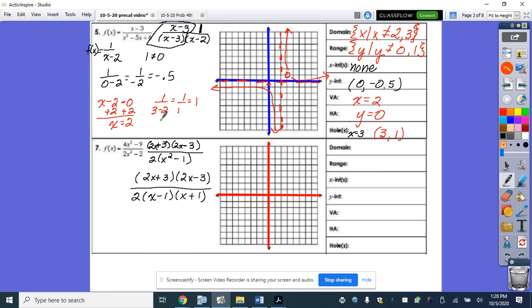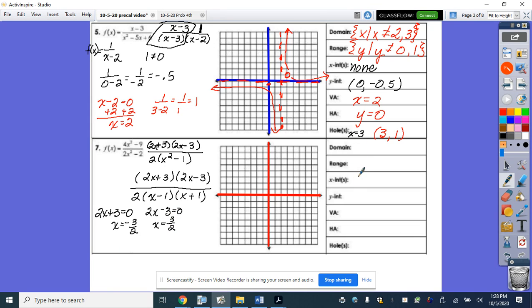So we need to go through and do all our points on this one, and I'm going to do this rather quickly. The first thing we're going to do is those x-intercepts. So we're going to set these two top things equal to 0, and we're going to solve those. And you're going to get x is equal to -3/2, or -1.5, and x is equal to 3/2, which is 1.5.